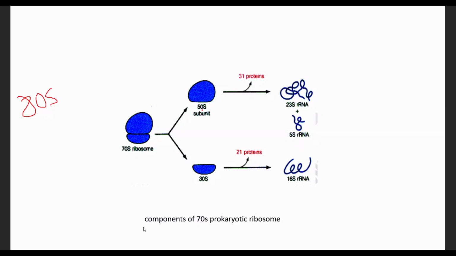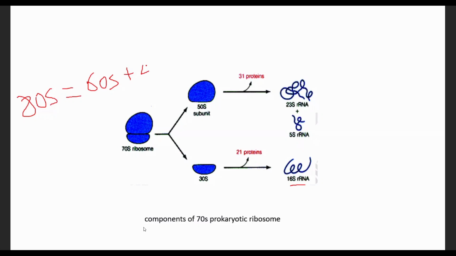The smaller subunit is made by 16S ribosomal RNA. The eukaryotic ribosome contains 60S, the larger subunit, plus 40S, the smaller subunit.